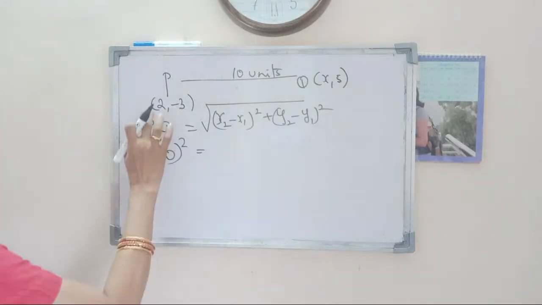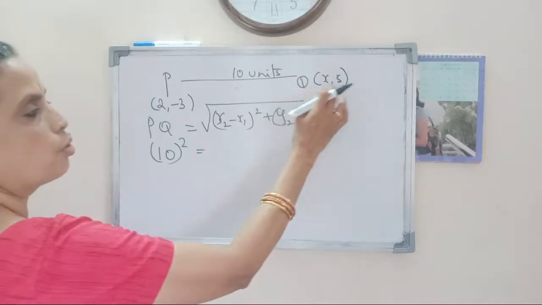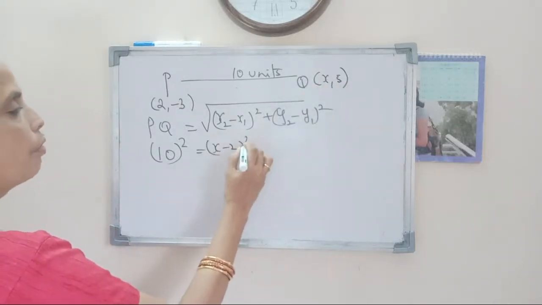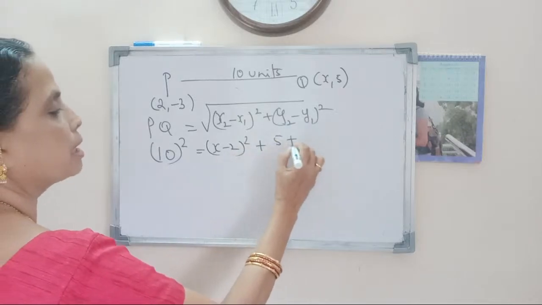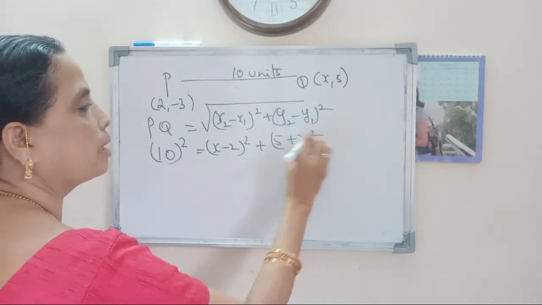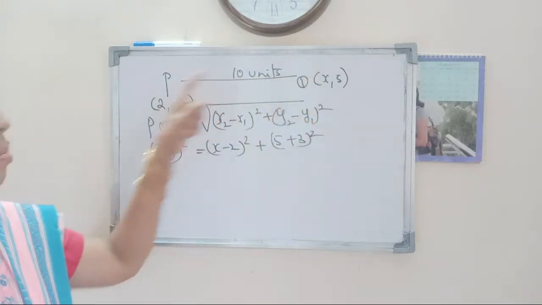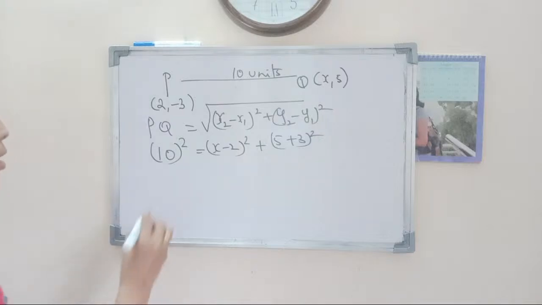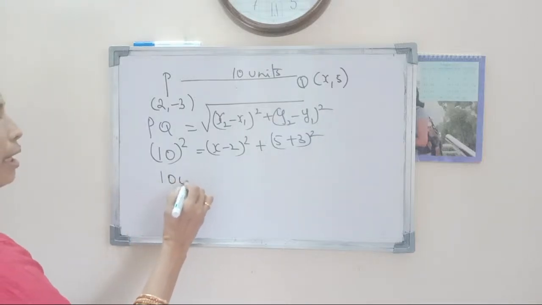Now we have x1, y1, x2, y2. You will get (x minus 2) whole square plus (5 plus 3) whole square, since 5 minus of minus 3 is plus 3. So 10 square is 100.